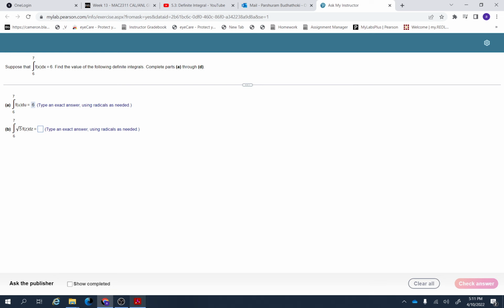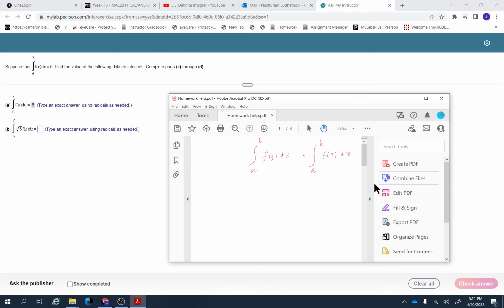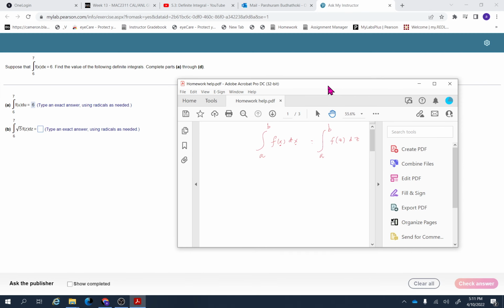So in this problem, as we know, the integration of f of x dx is the same as the integration of f of z dz, and now there is a square root of 5. So the integration of square root of 5 f of z dz can be written as square root of 5 times the integration from a to b, in this case from 6 to 7, of f of z dz.